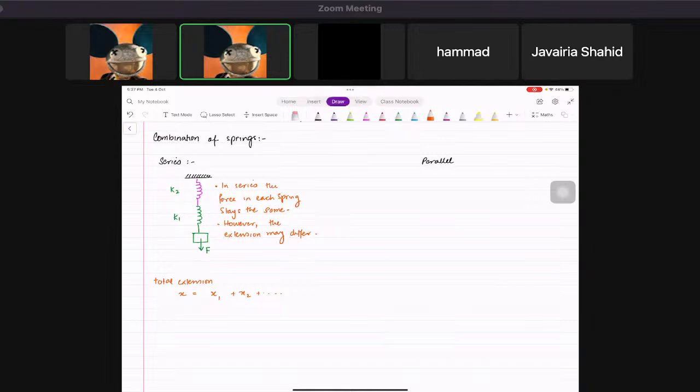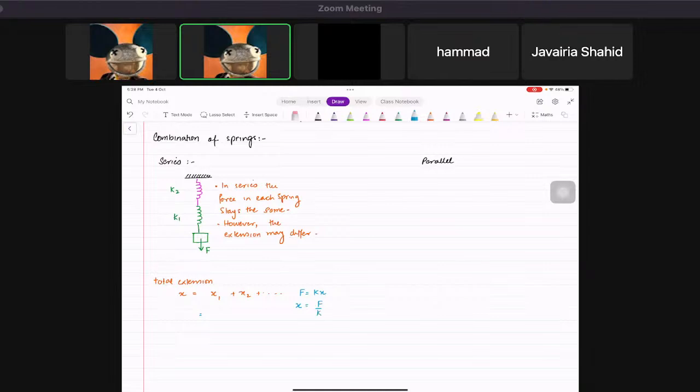Now, since we know that, I'll do it with a different color. Since we know F is equal to kx, then k is equal to F upon x. So x will be equal to F upon k.